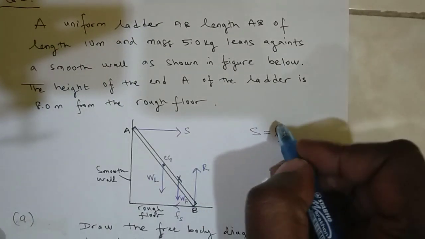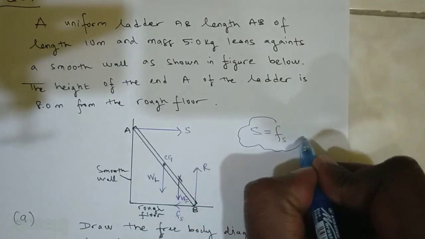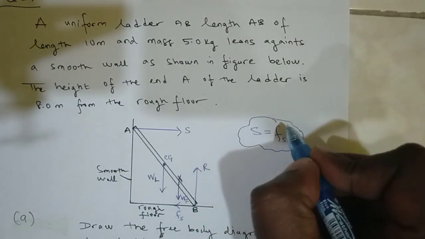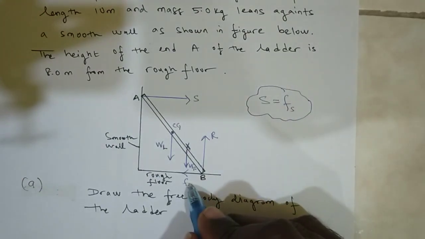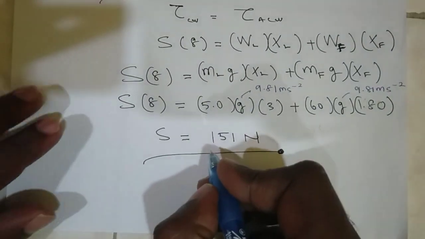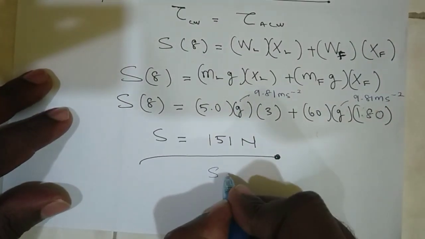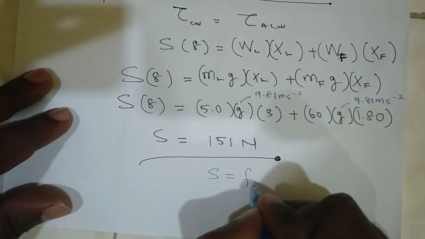Always remember, the horizontal force S always equals the static frictional force on the rough floor. So the S here equals the static frictional force.